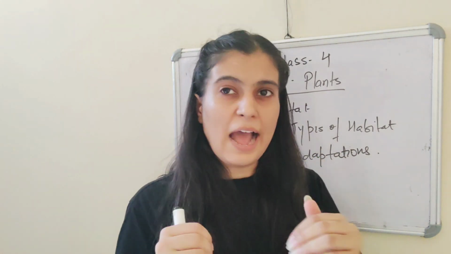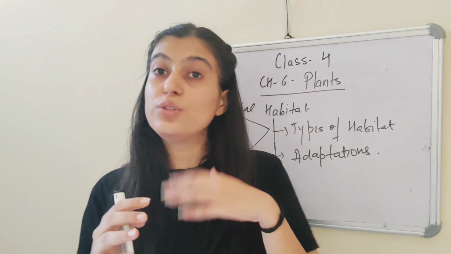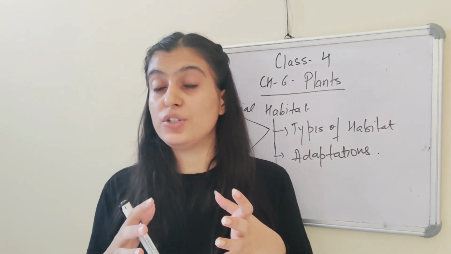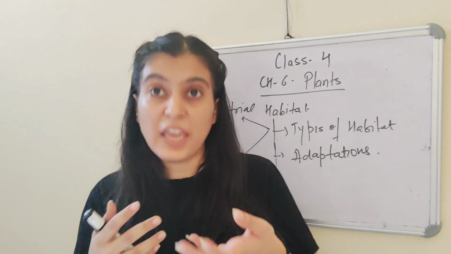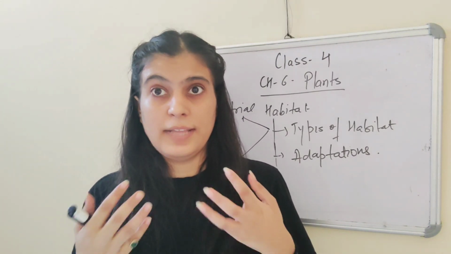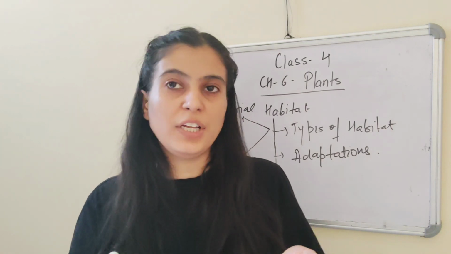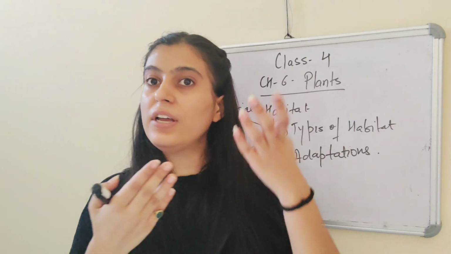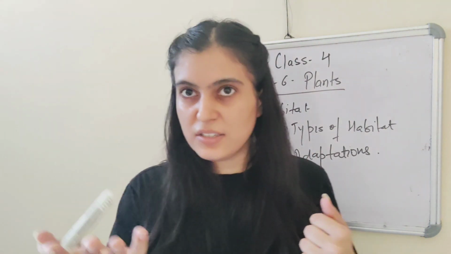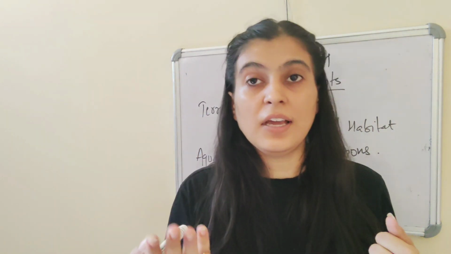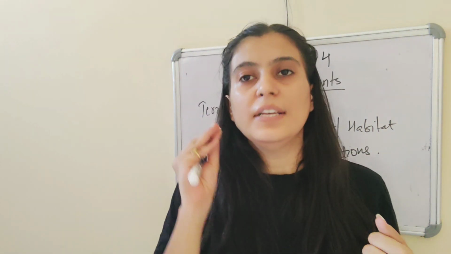With this we can say that plants must have gone through some changes so that they can survive those conditions. For example, in mountains there is heavy snowfall. That means plants have undergone some changes so that they can survive the heavy snow. Also in the desert area there is water scarcity and plants need water to grow.